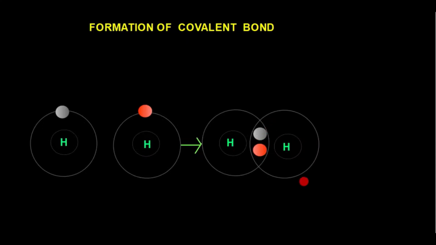This hydrogen atom as well as this hydrogen atom. So this is the most stable form. That's why to get this stability, both the hydrogen atoms will share electrons to form a molecule of hydrogen. That means they will form covalent bond. I hope formation of covalent bond in hydrogen molecule is clear to you.